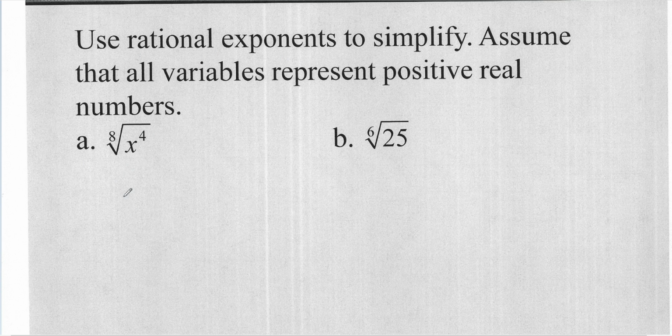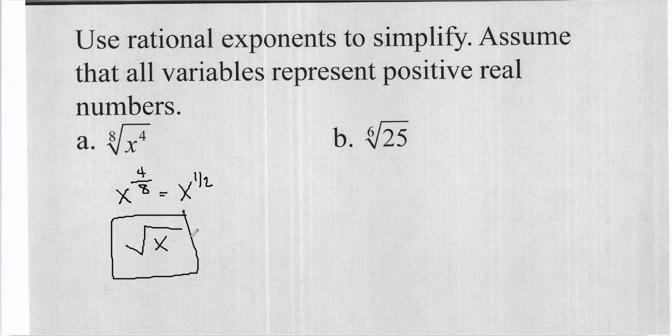The base is x, the index is 8, which is the denominator, and then the 4 is up front. So this ends up equaling x to the 1/2. And we know then we could write this as the square root of x. So there's our first one.